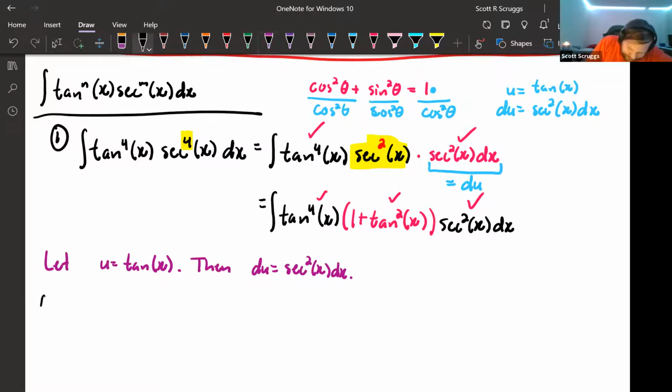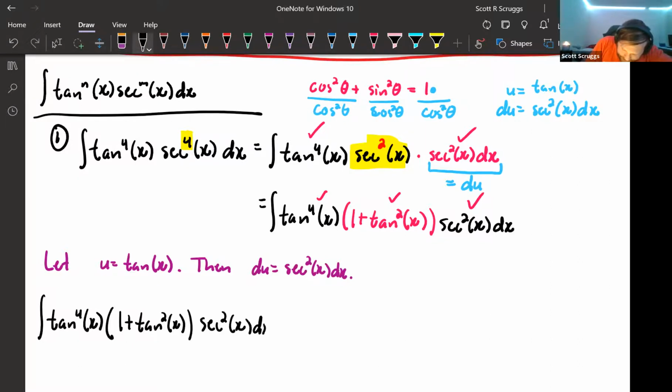So the integral of tangent to the 4th power of x, times 1 plus tangent squared of x, times secant squared of x dx, by substitution is equal to the integral of u to the 4th, times 1 plus u squared, times du.